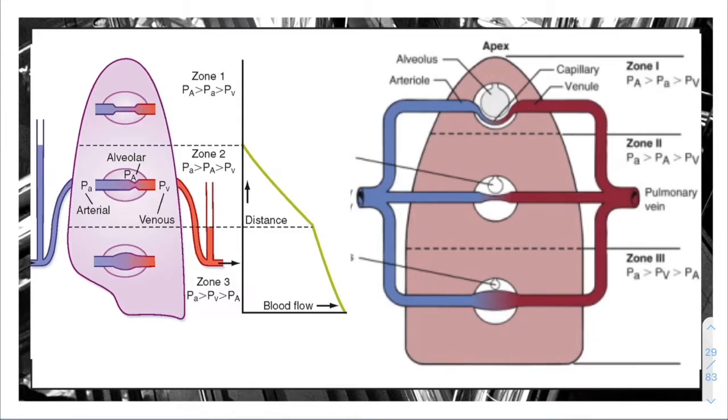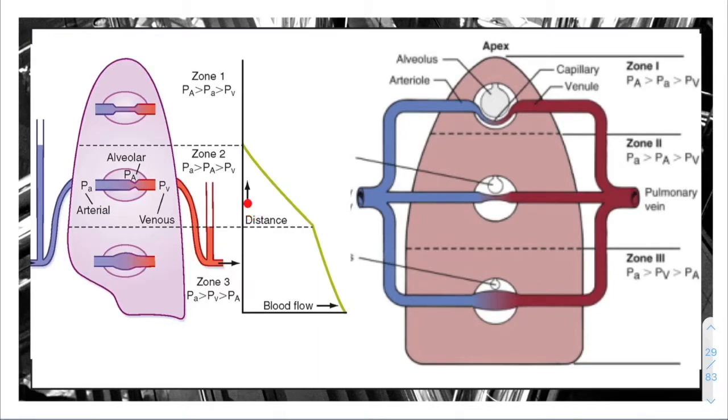Okay, however, your arterial pressure and venous pressure is affected by gravity. So, as you increase on leaving the pulmonary artery, blood must travel against gravity to the apex of the lung in an upright position.